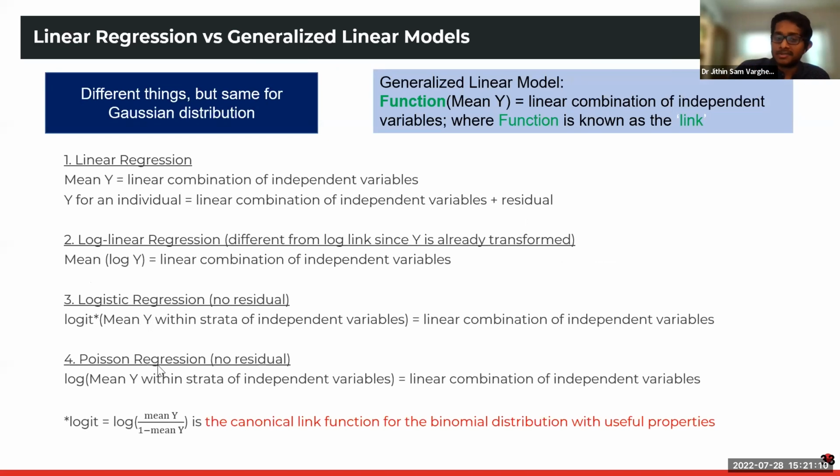Poisson regression deals with the Poisson distribution, and this is for count outcomes. And if you see, all these four regressions have a similar independent variable format. They're all linear combinations of independent variables. But they're different in how they treat the outcome variable.